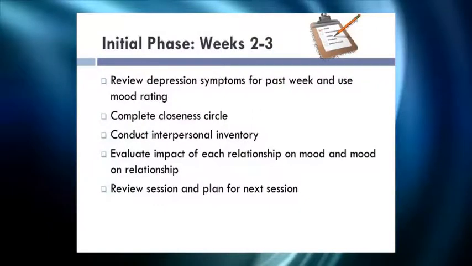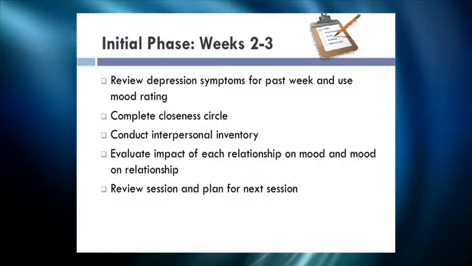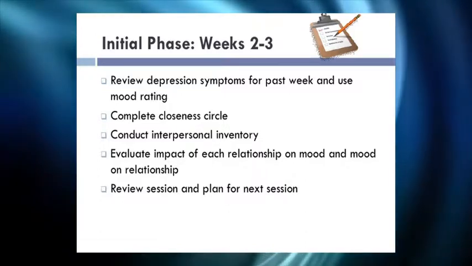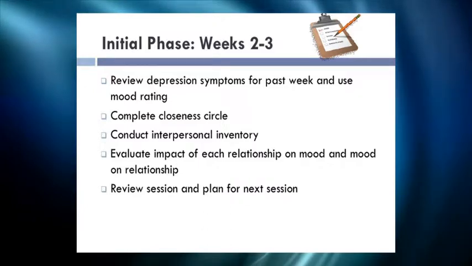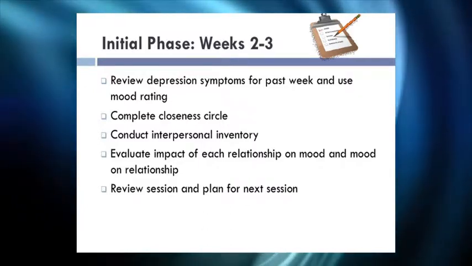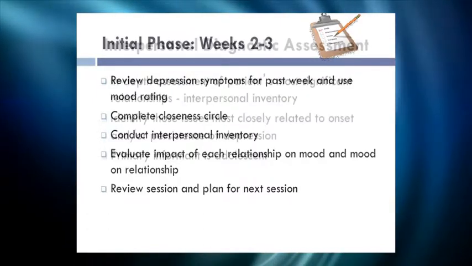And then we review each of the adolescent's relationships in a lot of detail to get a better sense of what relationships may be contributing to or maintaining the depression, how each relationship impacts the adolescent's mood, and how the adolescent's mood and depression symptoms may be impacting the relationship. We always end each session by reviewing what we've done so far and making a plan for the next week.